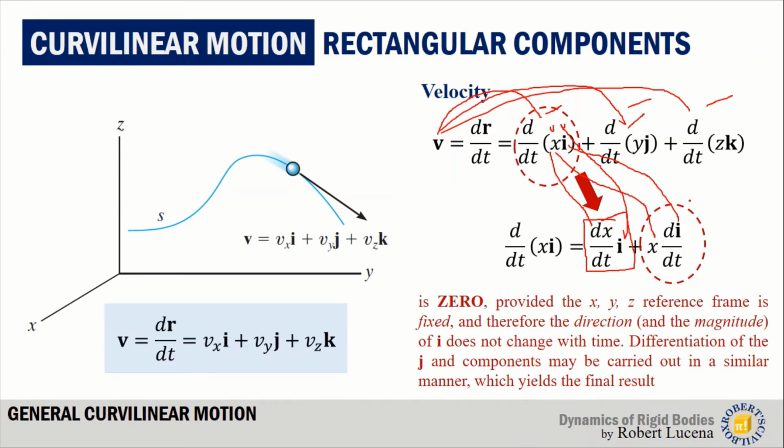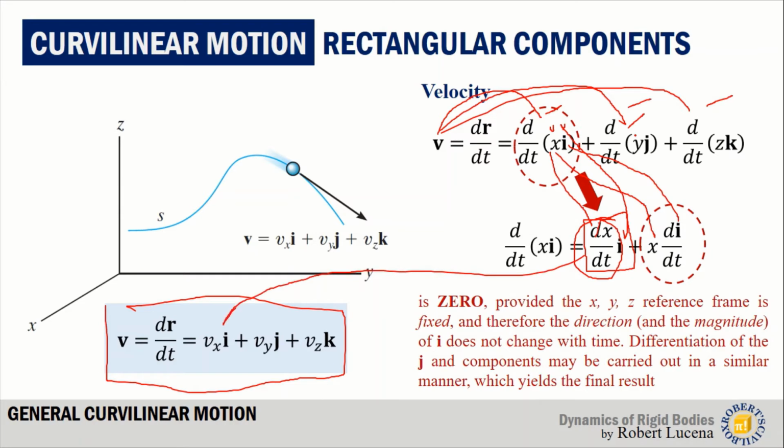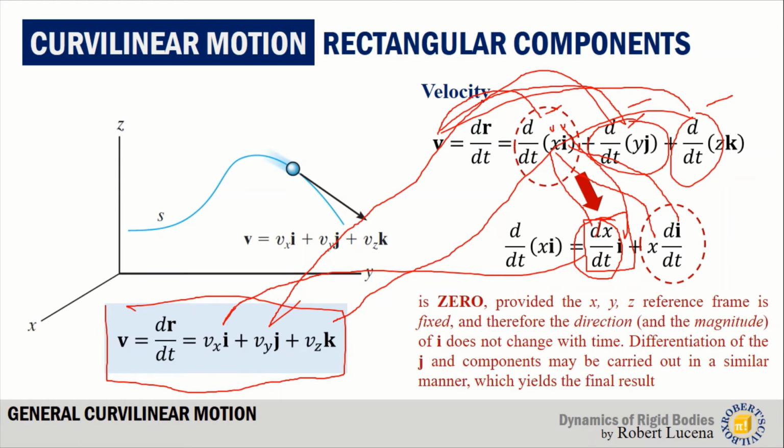So what we have now would be this equation. So dr over dt would be vx i plus vy j plus vz k. As you can see, this one is vx. If you try to solve again for this one, what will remain will be vy, and for this one, what would remain would be this one.